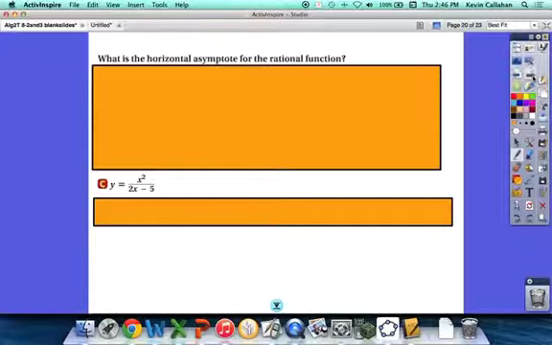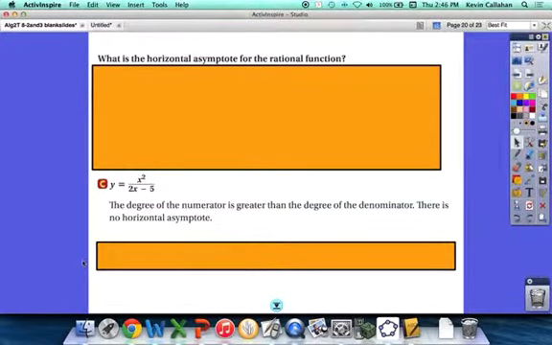Which is the higher power, numerator or denominator? Numerator. Okay, what does the rule say? If it's higher than the denominator, what is the horizontal asymptote? It does not have one. The degree of the numerator is greater than the degree of the denominator. There is no horizontal asymptote.